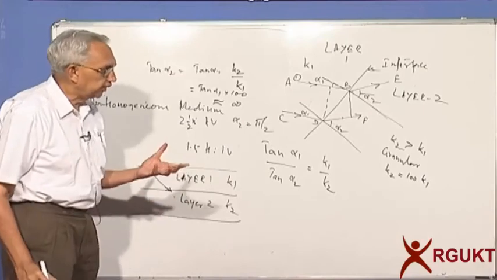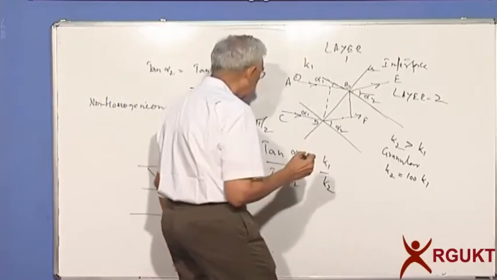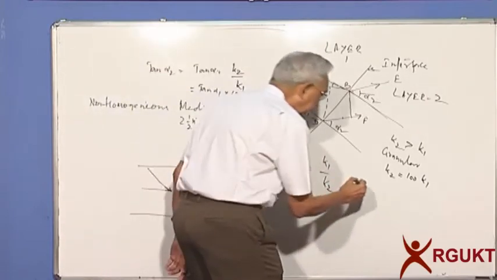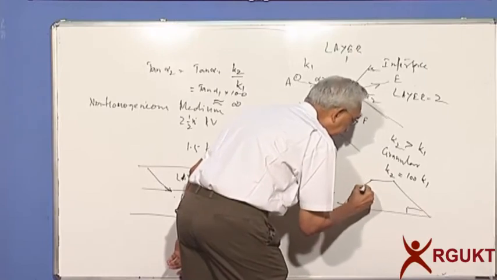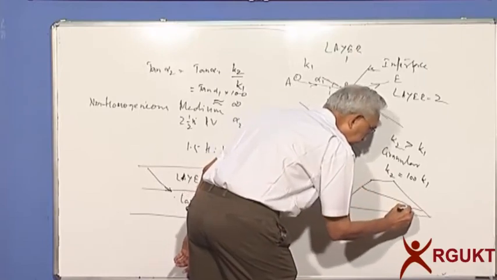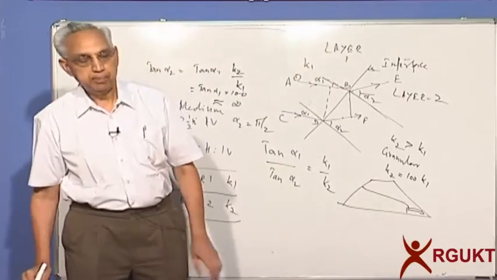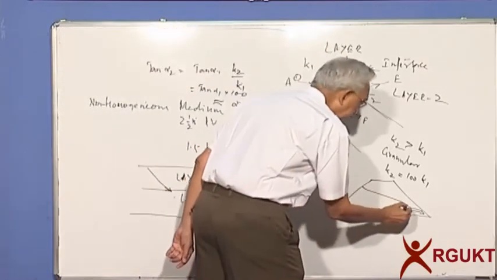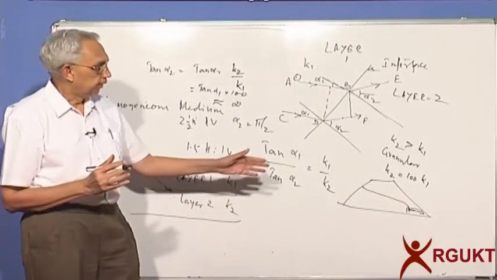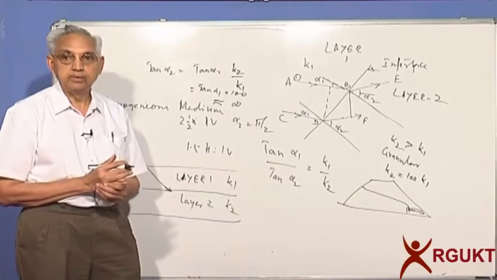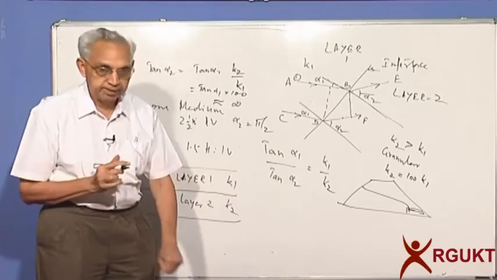So what it means is, the moment you provide a drainage layer, we talked of the earth dam earlier, here is the blanket, and the flow line will come. Once it meets here, it will simply go along the blanket, because this angle is 90 degrees to the surface. As you can see, you will have a 90 degree rotation. So that is why we provide a very highly pervious material.